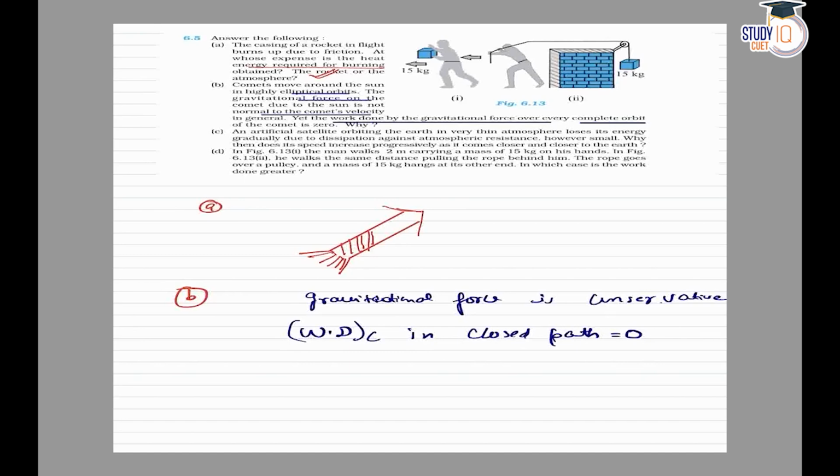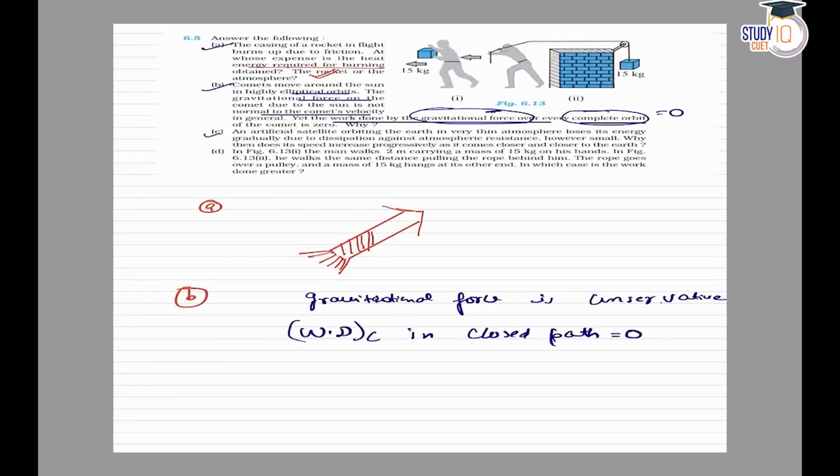So as gravitational force is conservative, and the work done by a conservative force in a closed path is 0, in this case the work done by gravitational force on the comet will be 0.